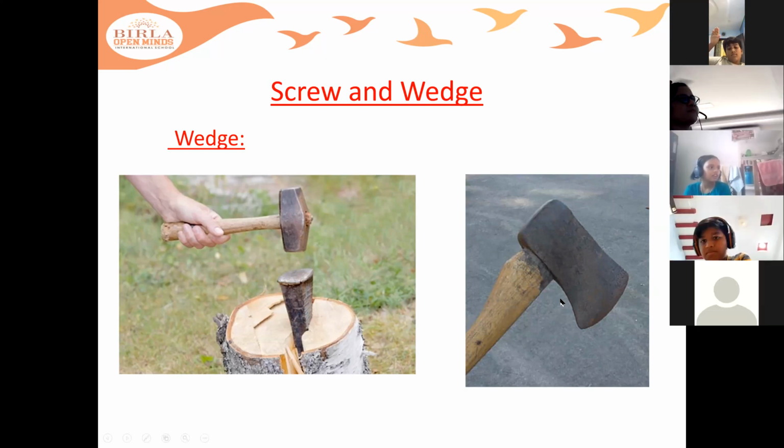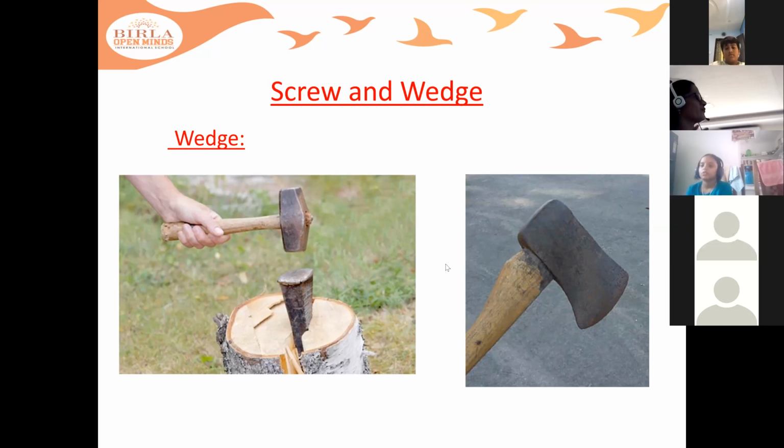Yes, Vishruth? Sorry, I couldn't recognize what you have told. So, an axe also. These are the different examples of a wedge.